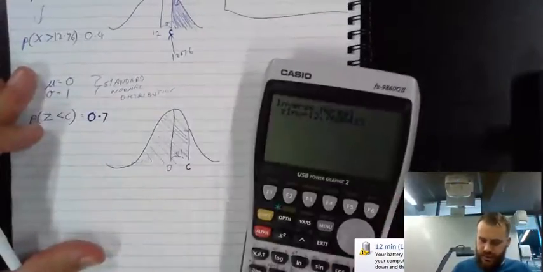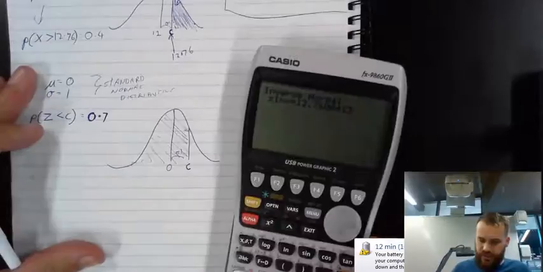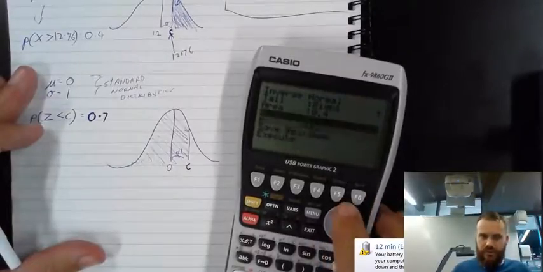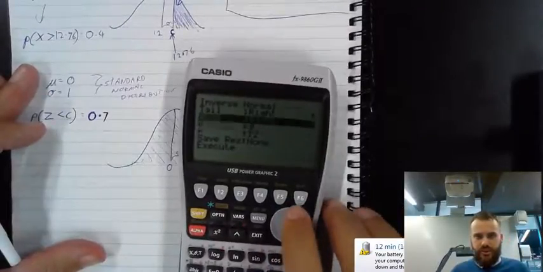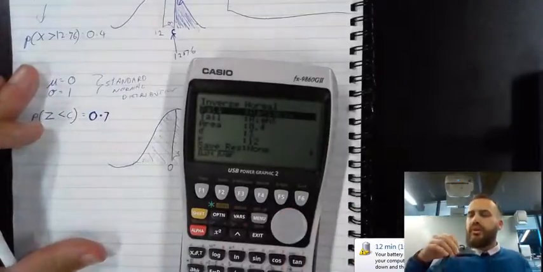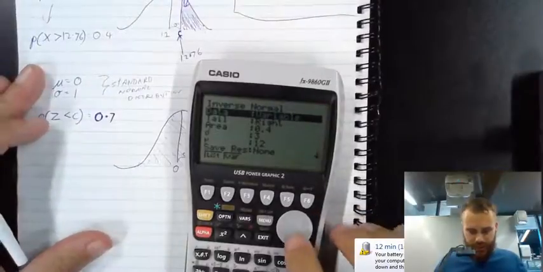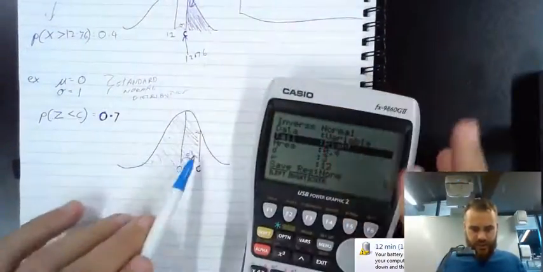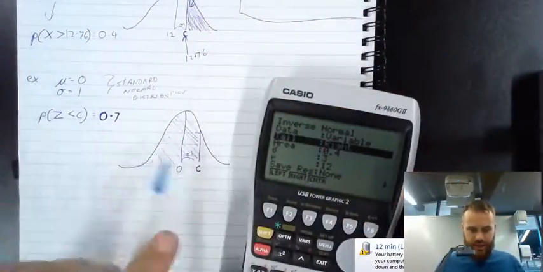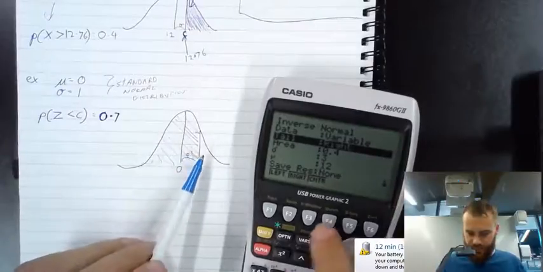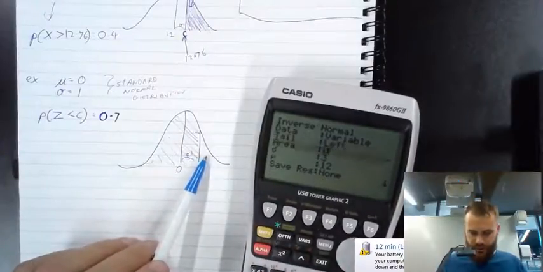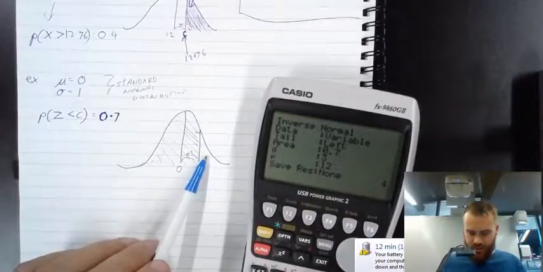Okay, let's get our calculator out. Stat mode. We're in the inverse section still. Okay. Now, it's a left tail this time because the shading is on the left-hand side of the line. The area is 0.7. Standard deviation is 1.